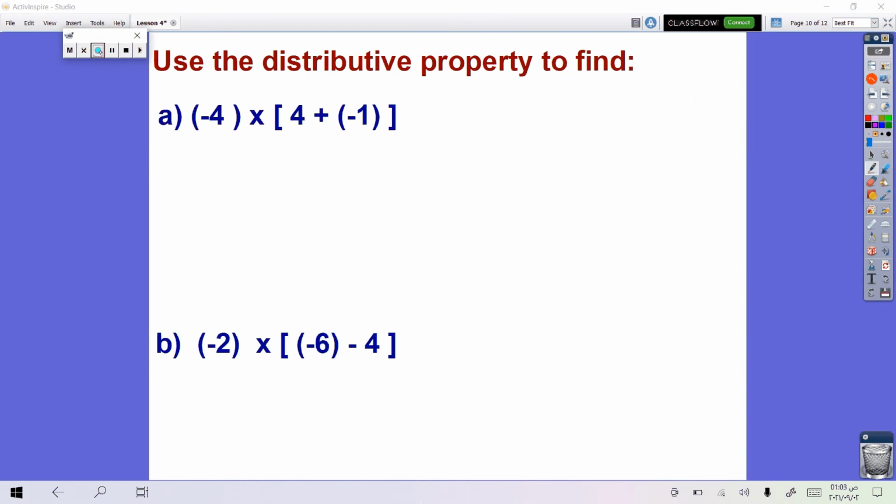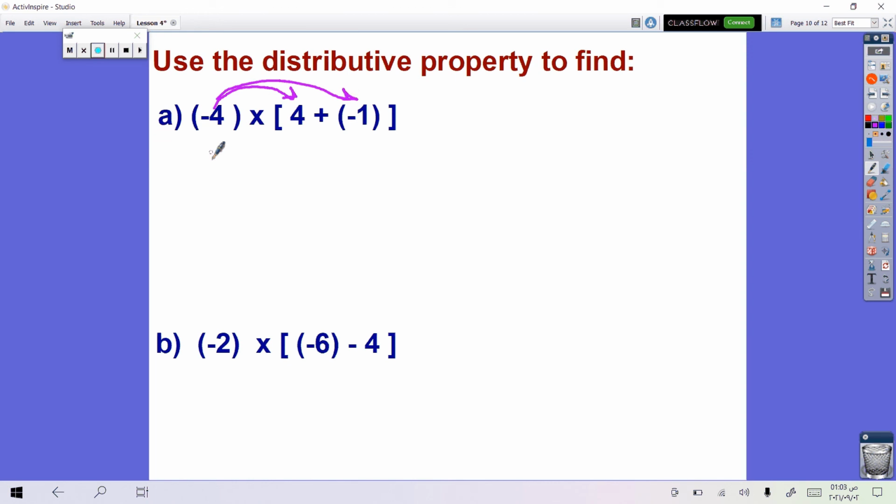Exercise number 2, use the distributive property to find negative 4 multiply 4 plus negative 1. In distributive property, you have to take this number which is outside the brackets and we are going to multiply it by every number, or by each number, inside the brackets.